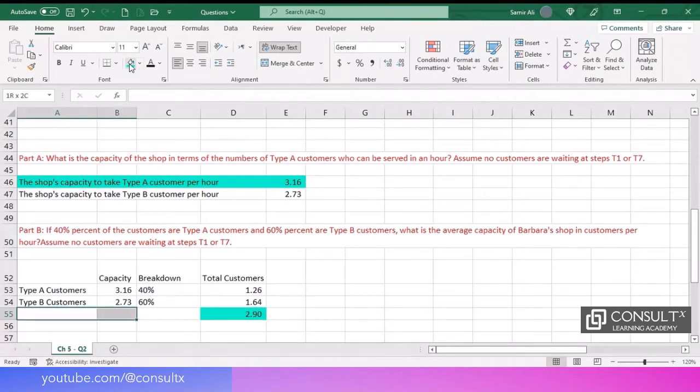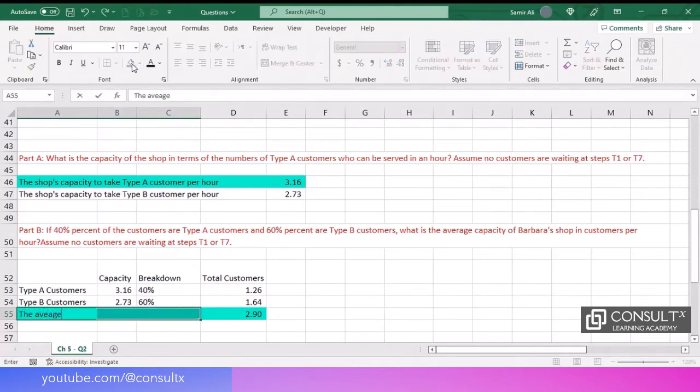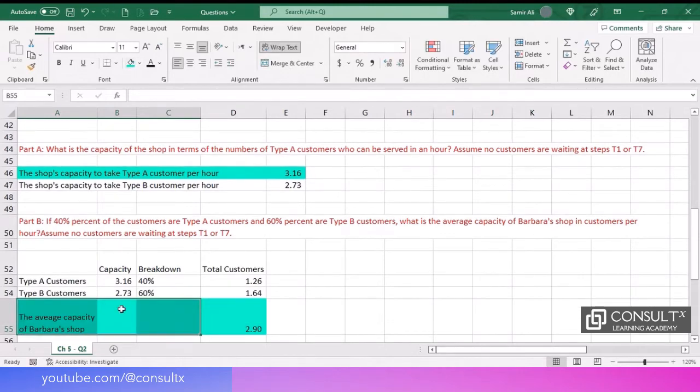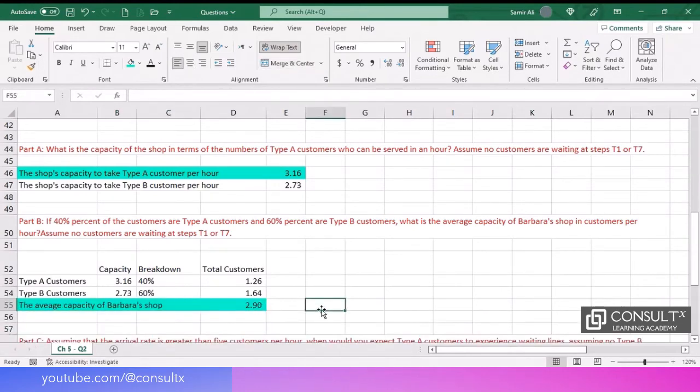So this is our answer over here. The average capacity of the barbershop is 2.9 customers per hour.